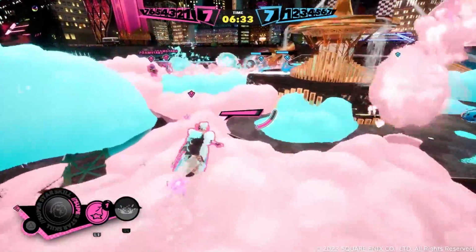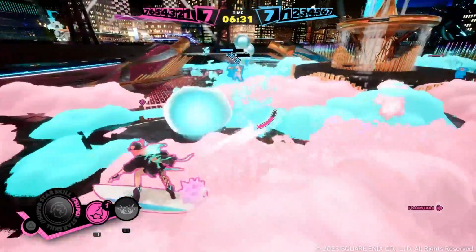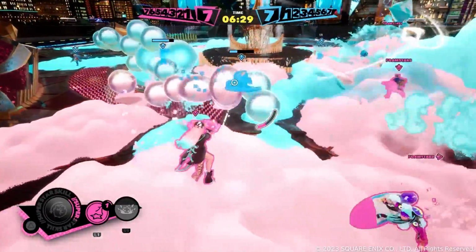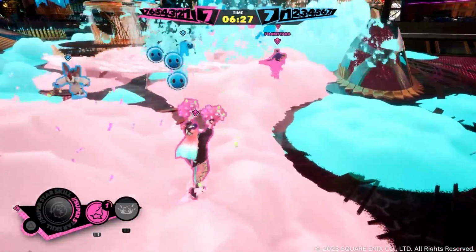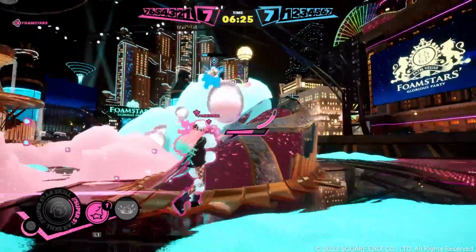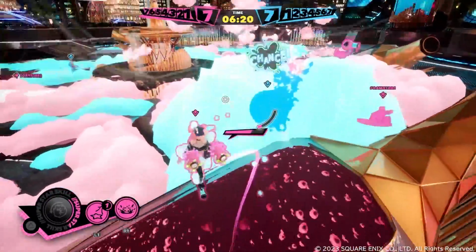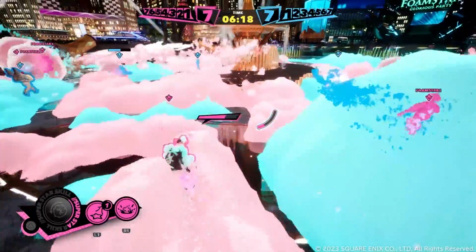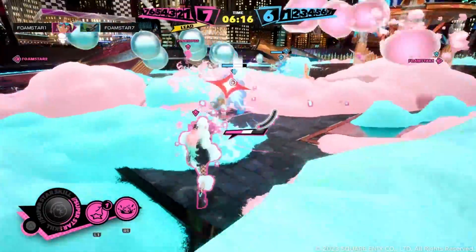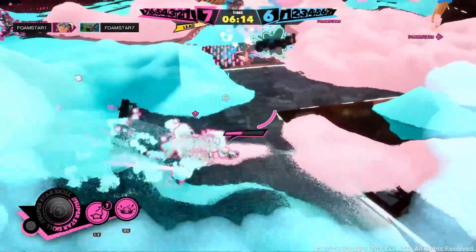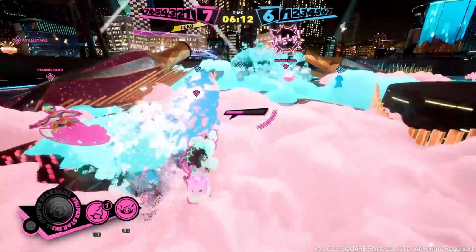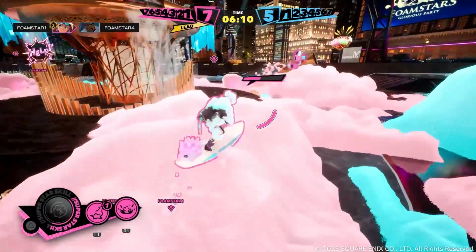That's the basic principle of movement. You can walk around, and every character has a specific speed according to their weapons and how they move across the field. But if you're really in a pinch, then the surf is your best friend. Because once you get fully surrounded with foam, you're basically static in place, and you get splattered off the field. Splattered, I say Splatoon versus for some reason. Yeah.